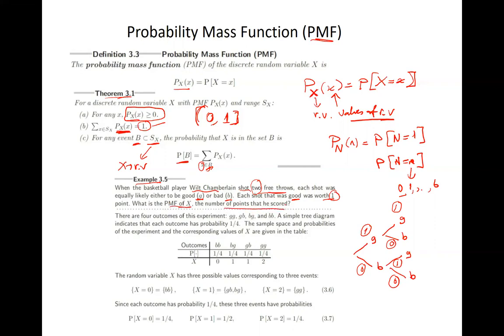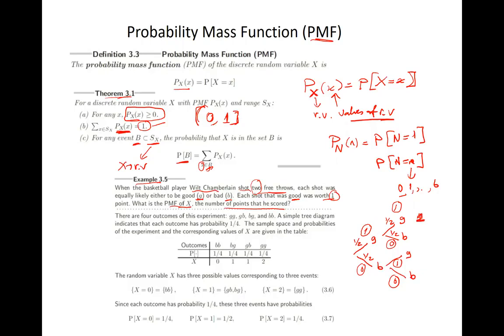Okay, let's see the values here. Since it is equally likely, this is going to be 1 over 2, 1 over 2, so 1 over 2, 1 over 2. Let's look at the points that he scored. If this is good, then that's going to be 1. If this, 2, I'm sorry.